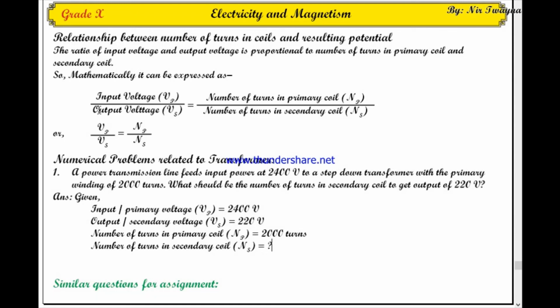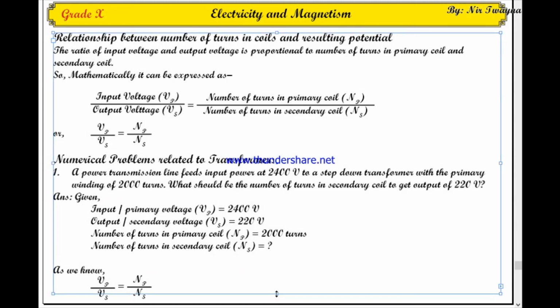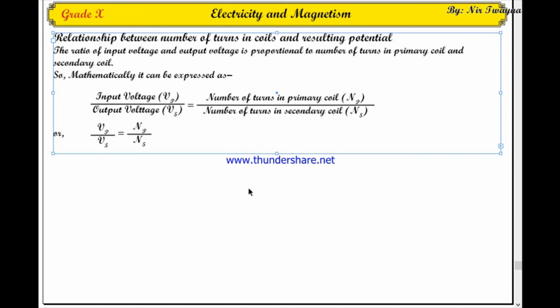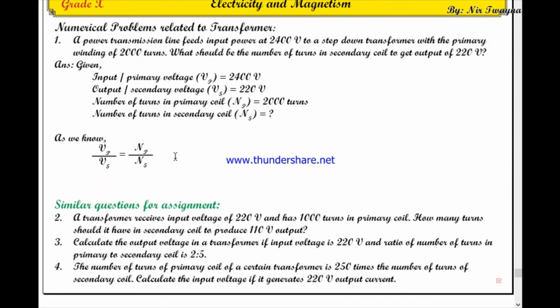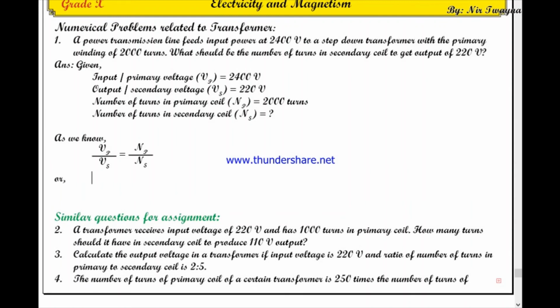Okay, this much is the given information. Now see, we are going to use this formula. As we know, I am going to copy the formula right from here. Control C, V. Okay, so I need to change the page. Let me go to the next page. What information is given?